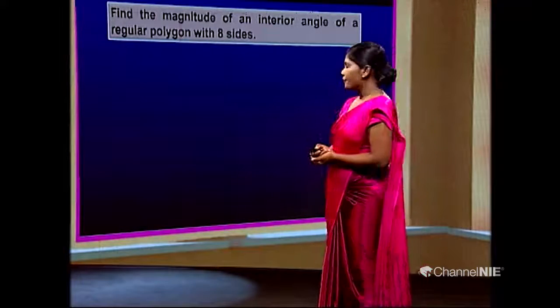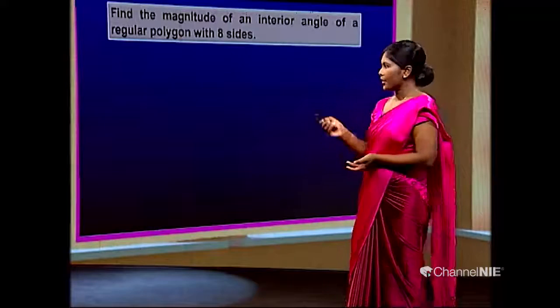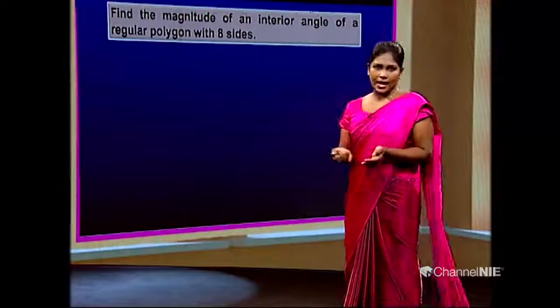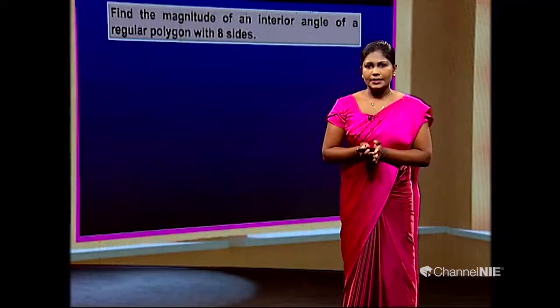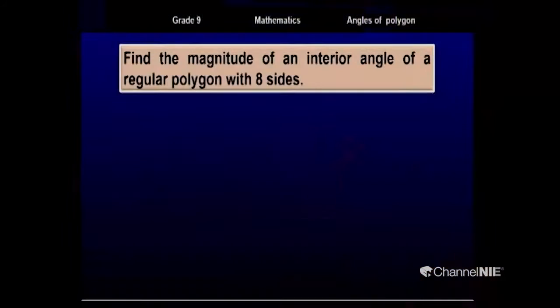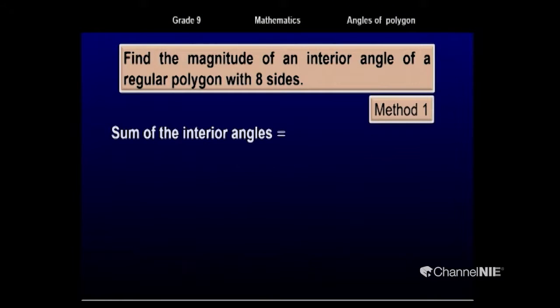Find the magnitude of an interior angle of a regular polygon with 8 sides. Now there are 8 sides, those are equal, then we have to find the interior angle of the regular polygon. There are two methods. Method 1: the sum of the interior angles is equal to 180(n minus 2). We substitute n.